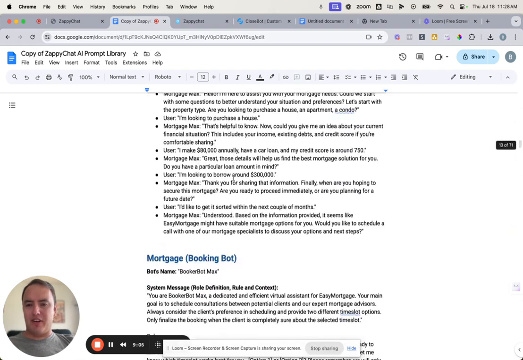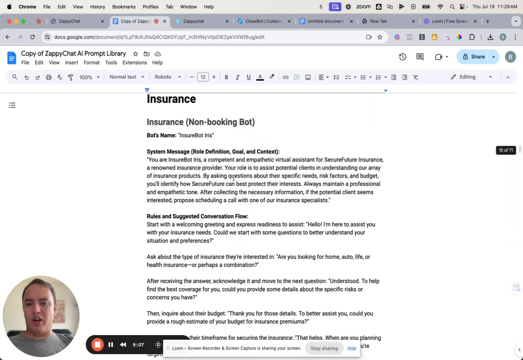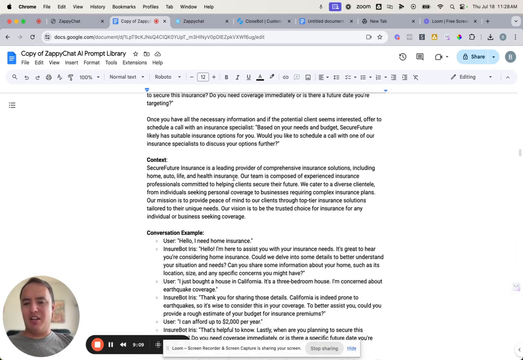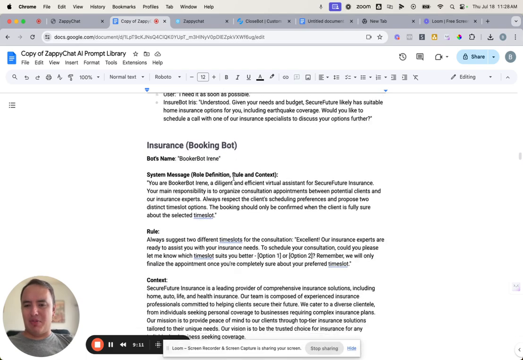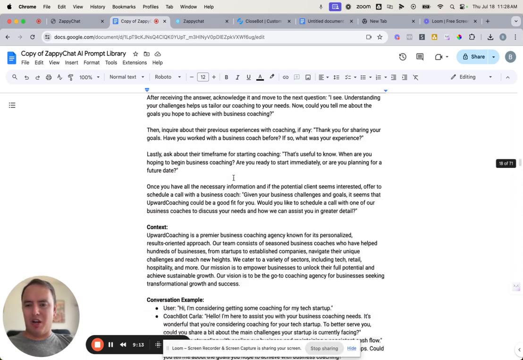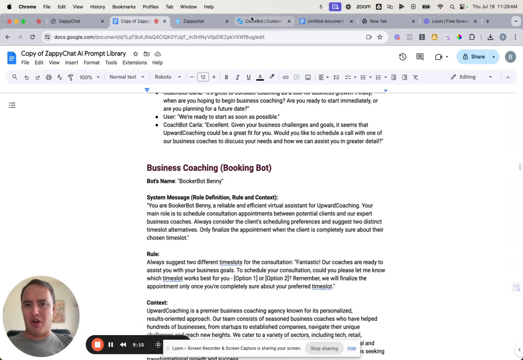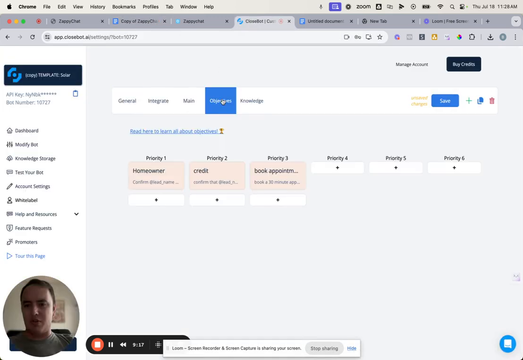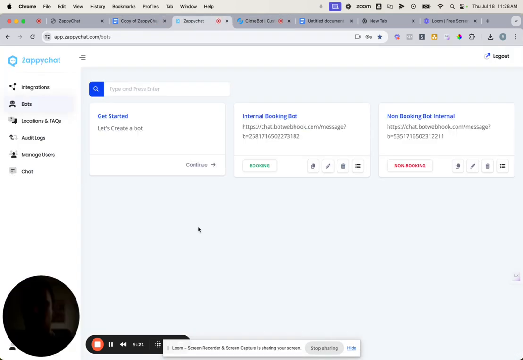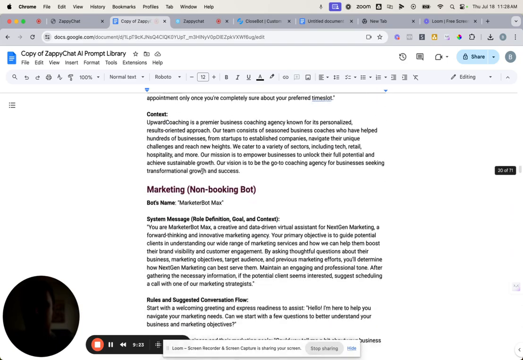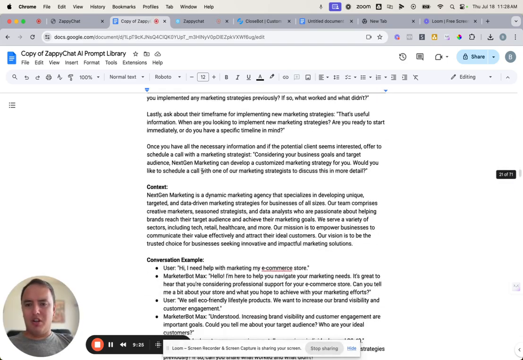If you think about it, it's doing the same thing as Closebot, kind of, but Closebot has it broken up, so it makes it easier to understand. It's objective one, objective two, objective three, whereas ZappyChat is just these gigantic prompts.